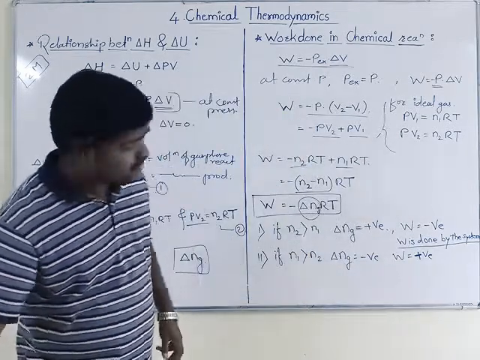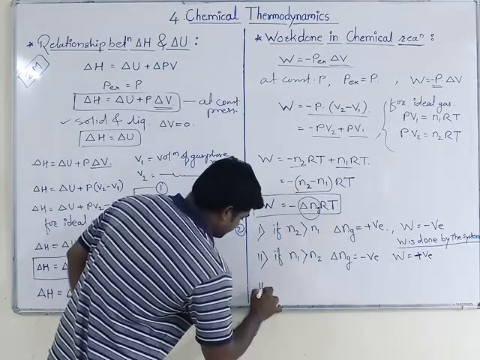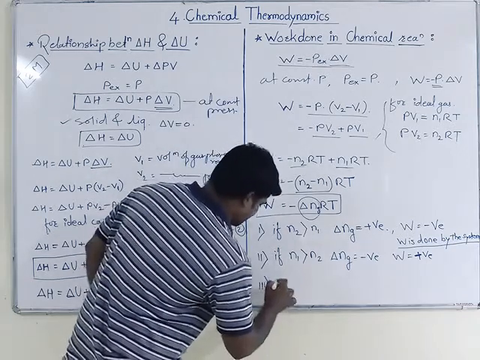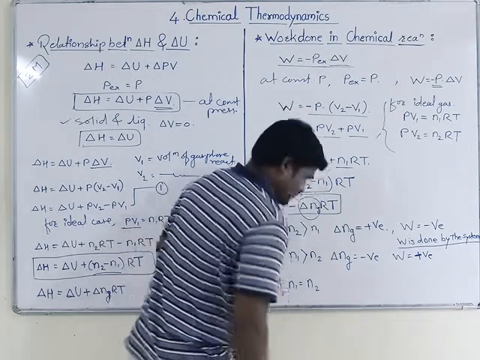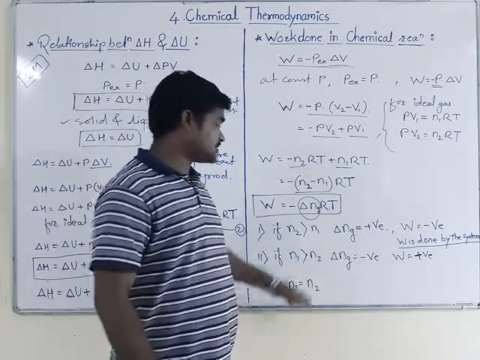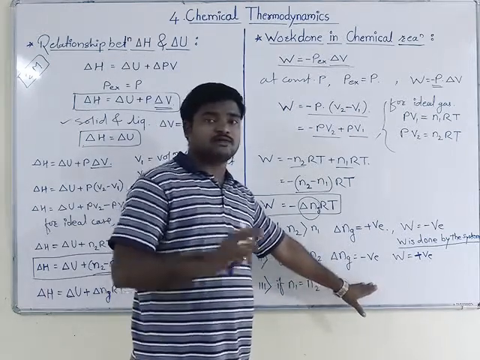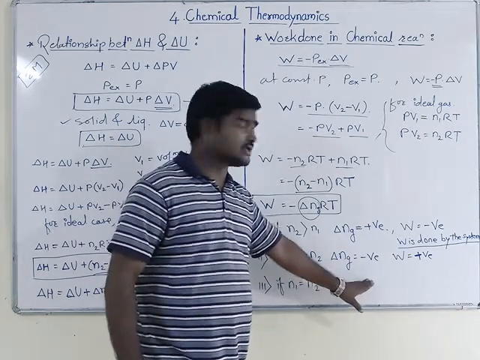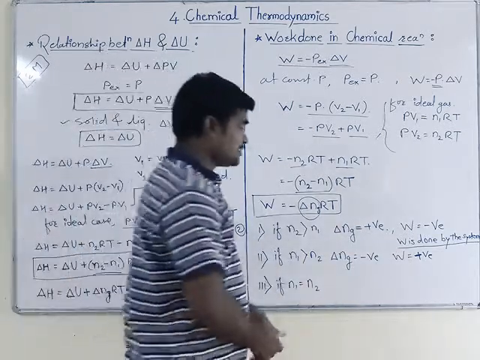But if the number of moles of gaseous products and reactants are equal, if N1 is equal to N2, in that case what happens? The delta Ng value becomes 0. It has no sign because the number of moles of products and reactants are the same, and in that case no work will be done.